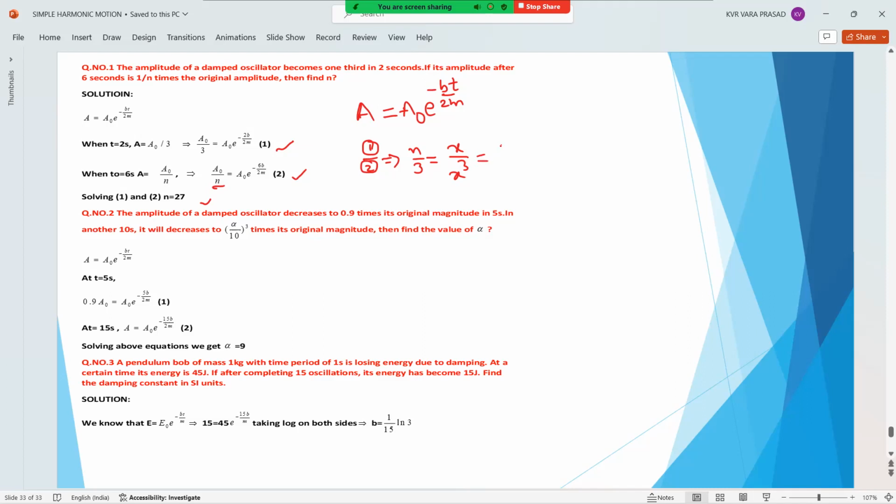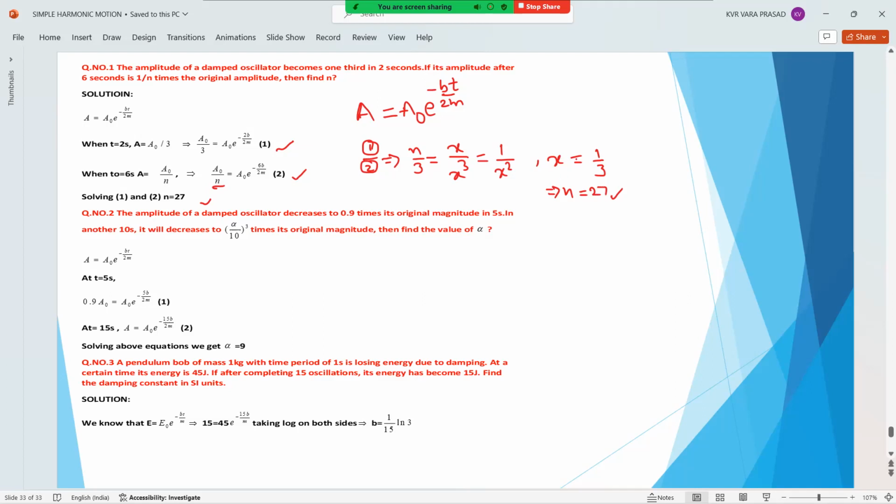And this is equal to 1 by x square. And see here what is the value of x. Here x value is 1 by 3 from equation 1. Now substitute that here. Then we are going to get n equal to 27. So x is 1 by 3. So n becomes 27. Right.